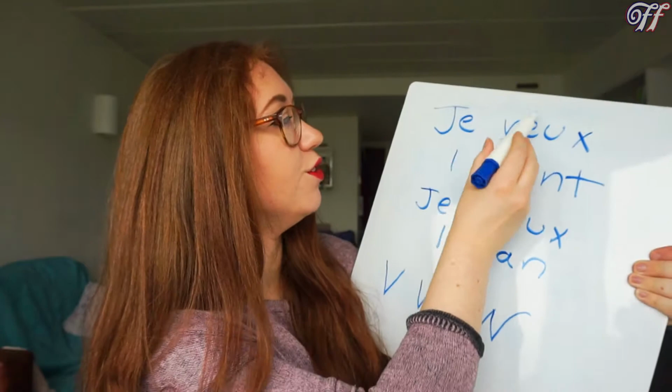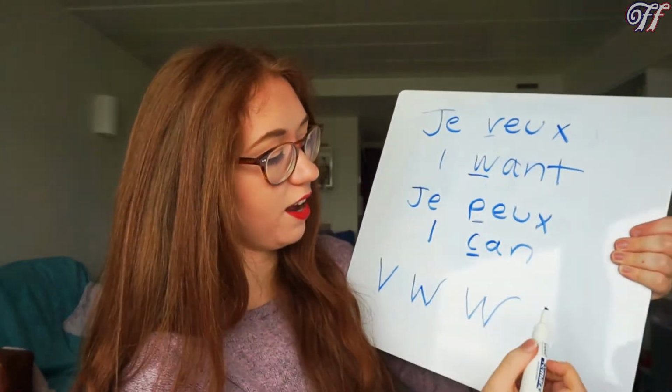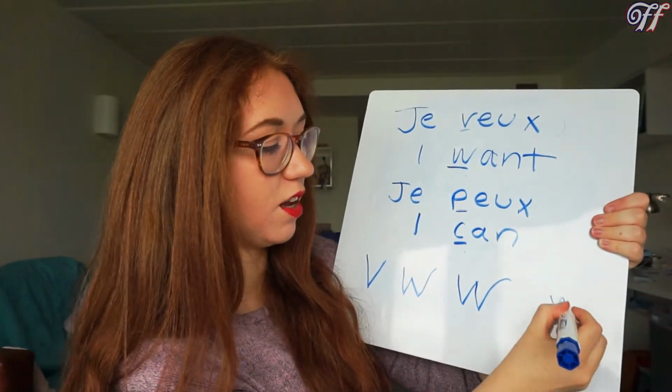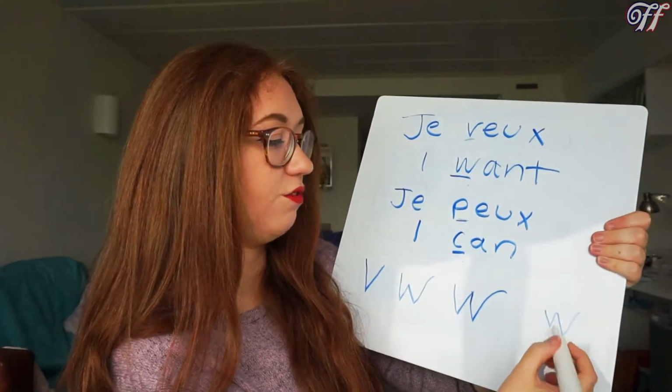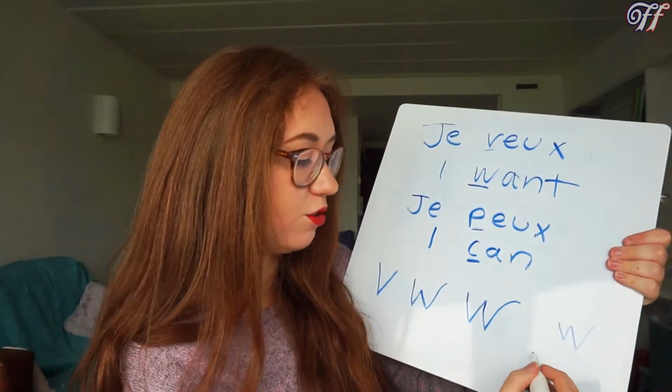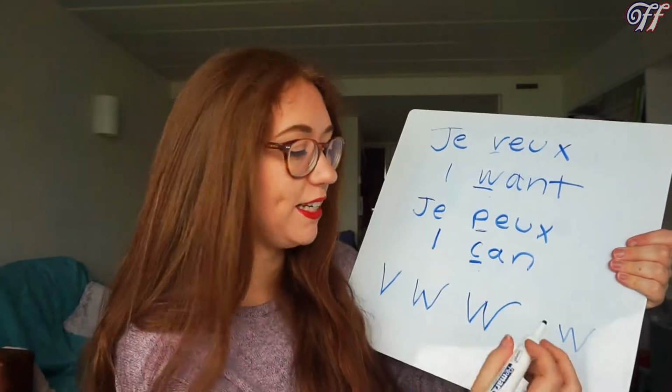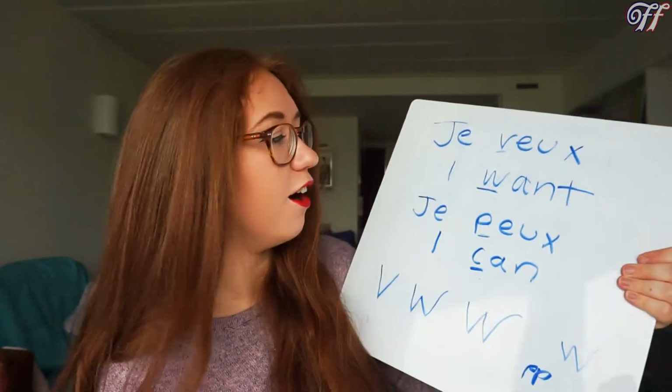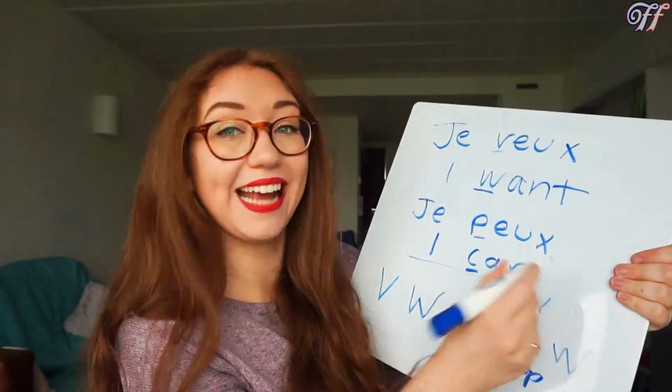When I was shown je veux, I would think, okay, if I write the first letter twice, does it give me a W for want? So I would look at veux, I'd write the V twice, and I'd think, oh, I've got a W for want, it must mean want. And then if I had a P, I would imagine the P twice, and I would think, no, I don't have a W for want, so it must mean can.